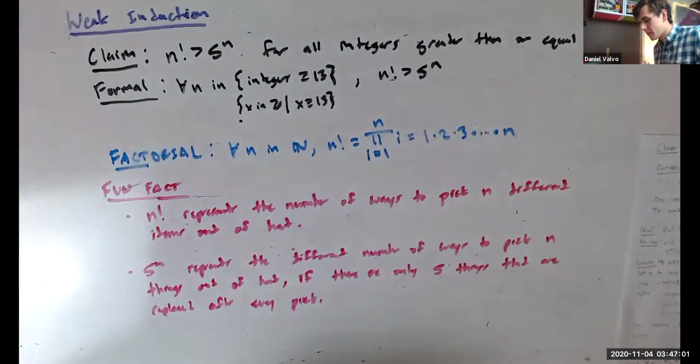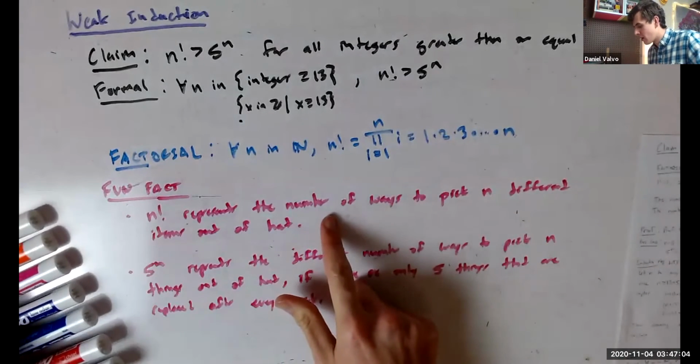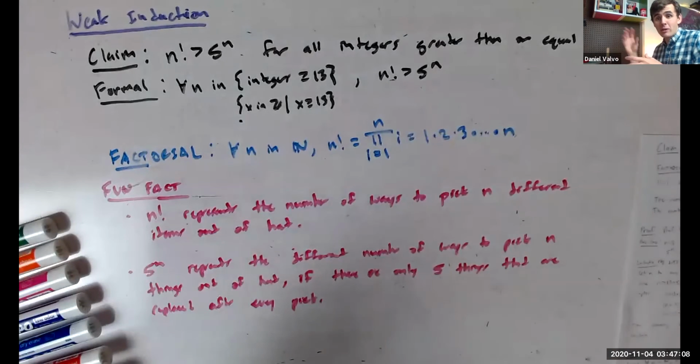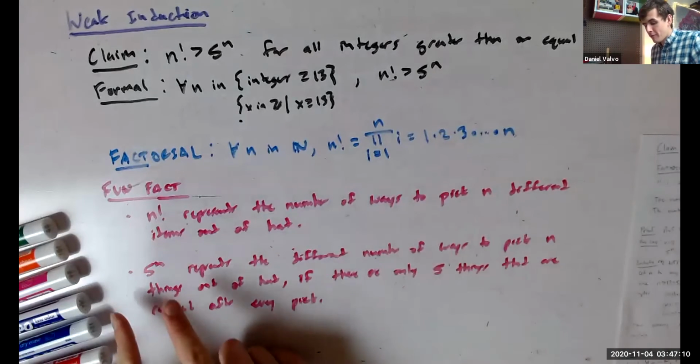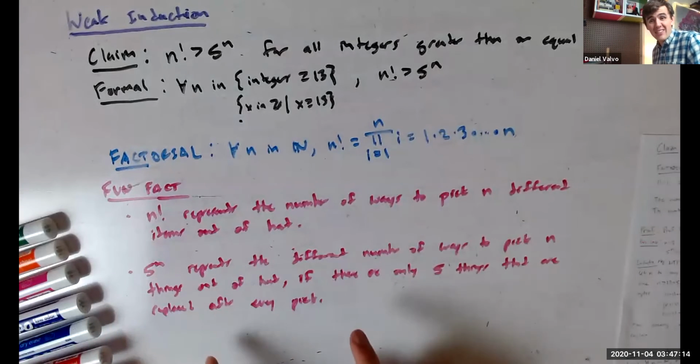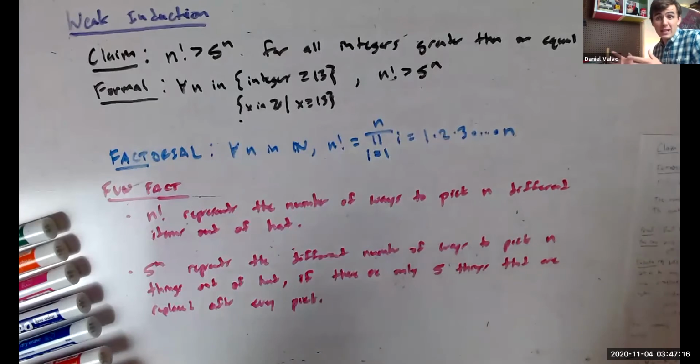So n factorial is the scenario where there are different things in the hat and you're just picking them out until you're out of things. 5 to the n is the scenario where you pick n things, but after every pick you replace it.